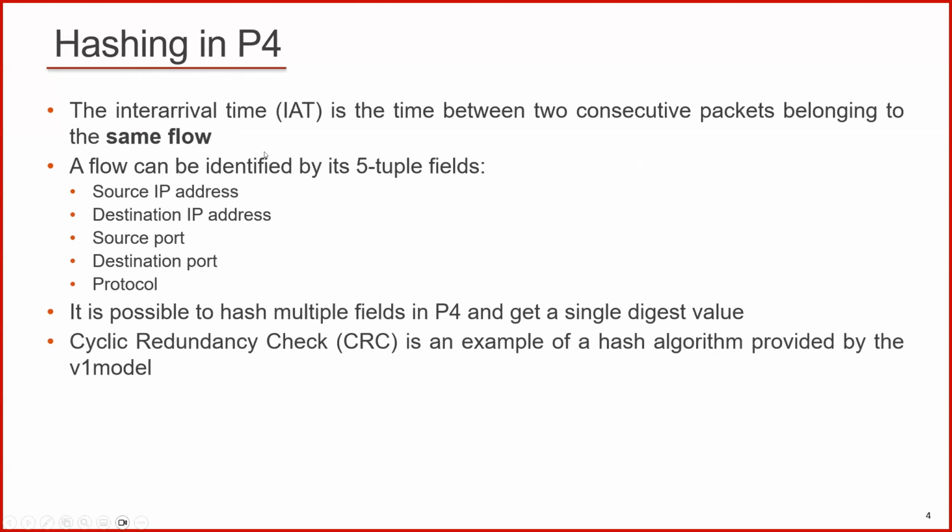For every packet that arrives at the switch, we can calculate the hash of the 5-tuple in P4 using hash algorithms, and the cyclic redundancy check, the CRC hash, is provided in the V1 model architecture.